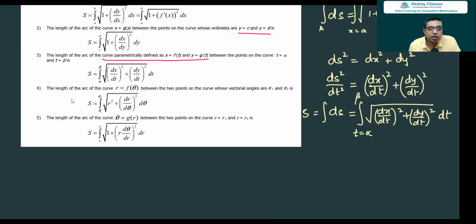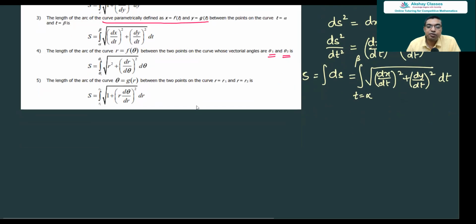Now, if the curve is defined in the form of polar coordinates, r equal to f of theta, and we want to integrate with respect to theta, we will do problems on this. Sometimes it is very, very simple. The problem becomes extremely simple by integrating it using the polar form.